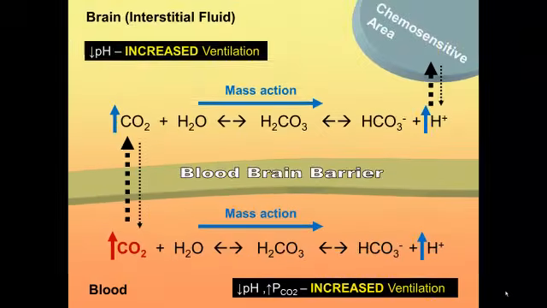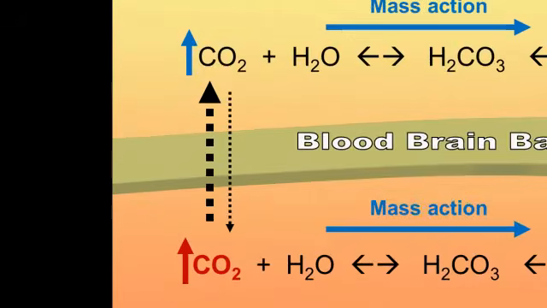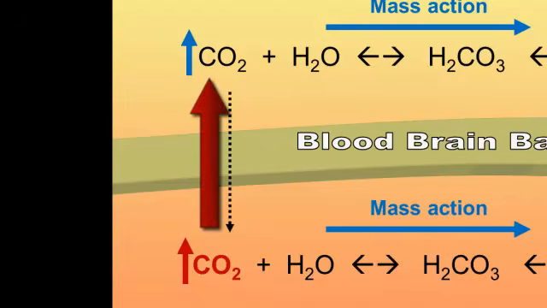The central chemoreceptors are going to indirectly detect this increase in the systemic partial pressure of carbon dioxide, because when carbon dioxide increases in concentration, it will diffuse down its concentration gradient across the blood-brain barrier into the brain interstitial fluid.